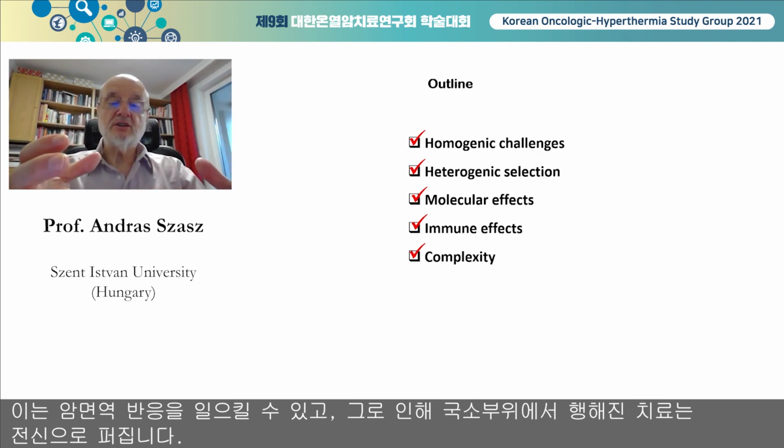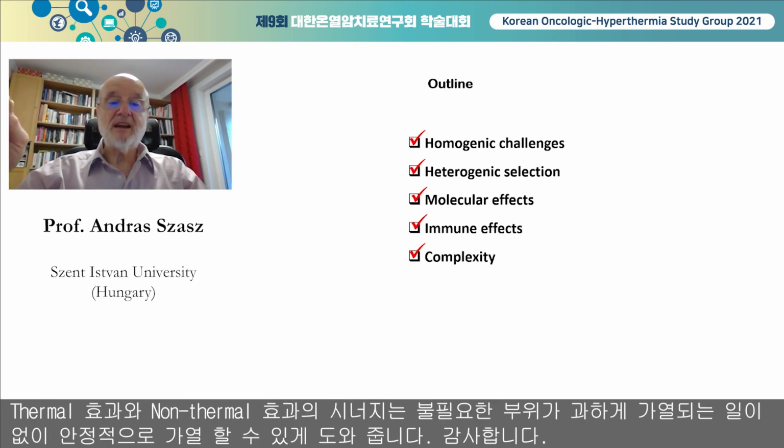It means that the local treatment becomes systemic. Everywhere will be attacked, the far away distant metastases and even the circulating tumor cells, and then all the points are summarized in the complexity, when the complex interaction between the thermal and non-thermal effects makes the result very effective and well stable without any hotspots and any uncontrolled points.